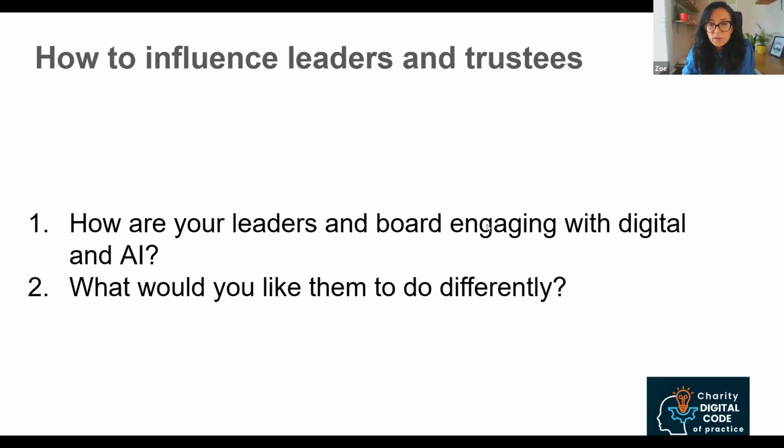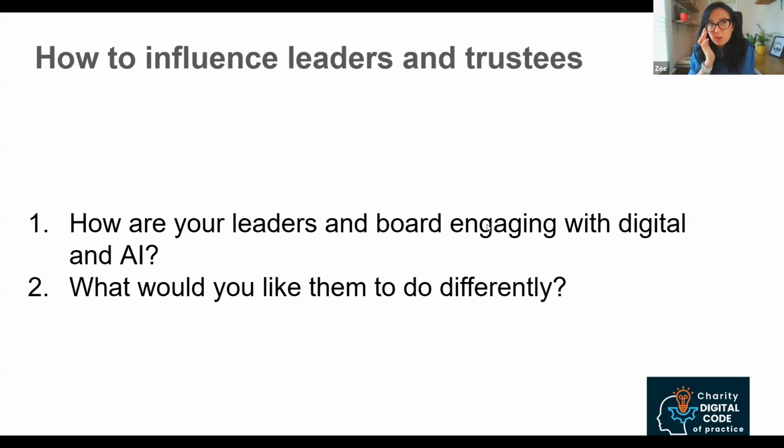Really interesting one that's come up in a few places, that interest and appetite, that desire to engage with digital and AI from boards and SLTs, but perhaps that wariness as well around things like data protection and other risk as well. I don't think that's necessarily a bad thing, as long as leaders have the right support, the right skills to make the right decisions.